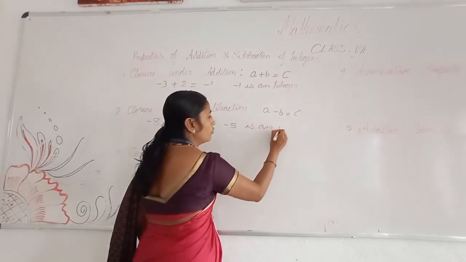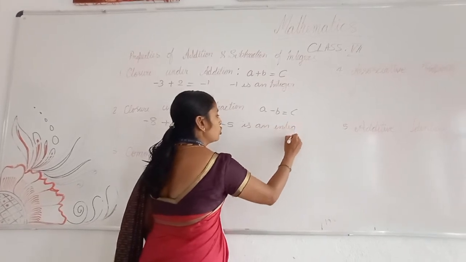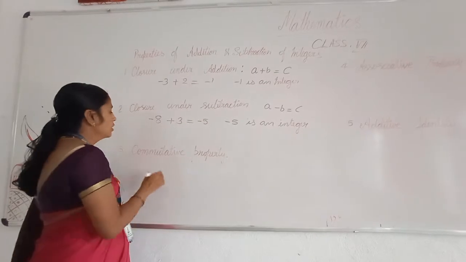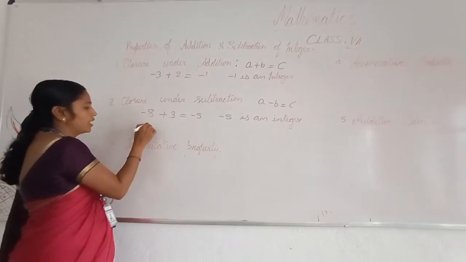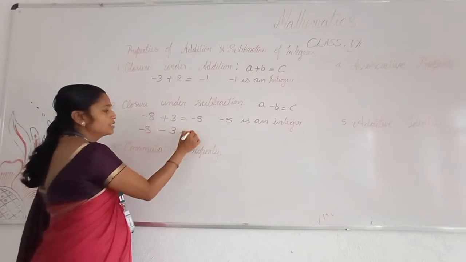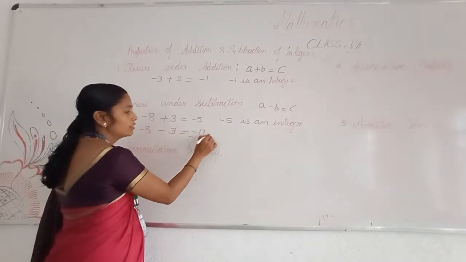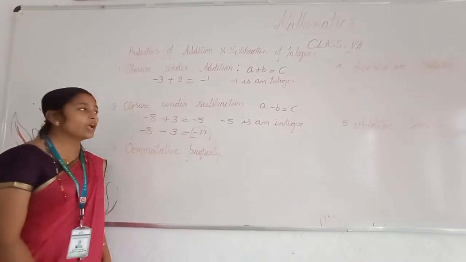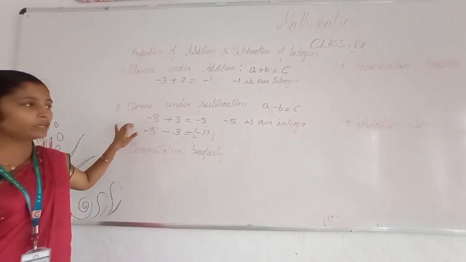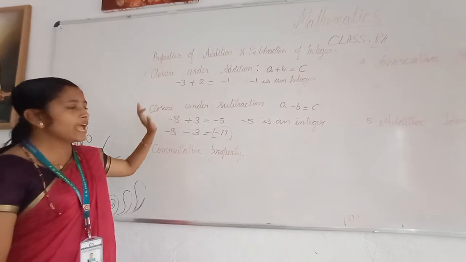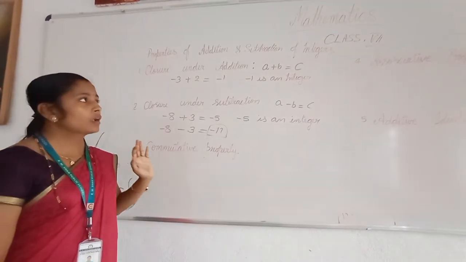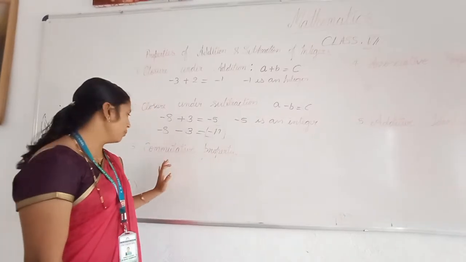If you go for the subtraction operation, you also get an integer. Minus 8 minus 3, the answer is minus 11. This is also an integer. So both addition as well as subtraction come under the closure property of integers.